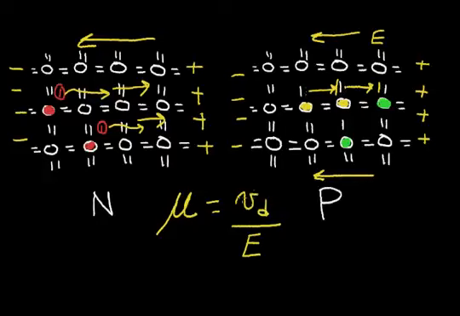The drift velocity in a p-type silicon is a measure of how free the holes are to drift to the left towards a negative charge.